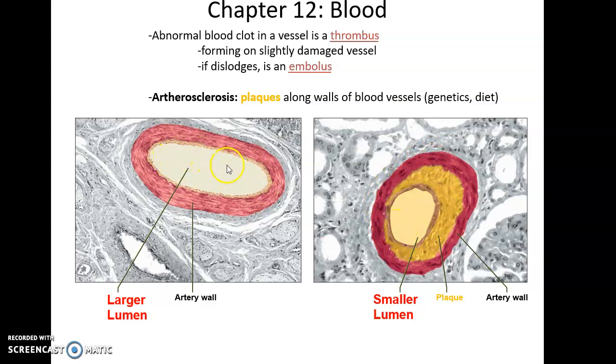So you go from having a large open space in a, say, critical artery to having a much smaller lumen, a much smaller space because of the plaques that have formed. And so then a small blood clot, a small embolus, could then lodge into this smaller space, blocking off the blood flow through that artery. And if that artery is a critical artery, it could lead to a heart attack or a stroke.